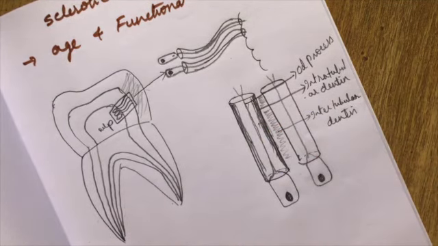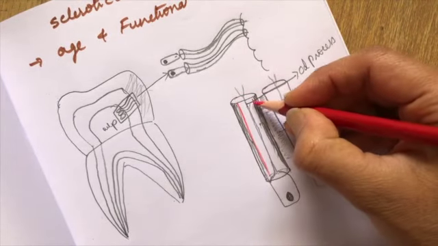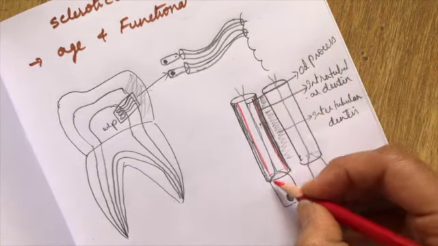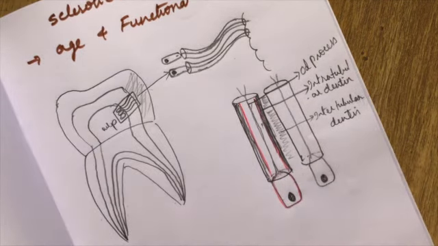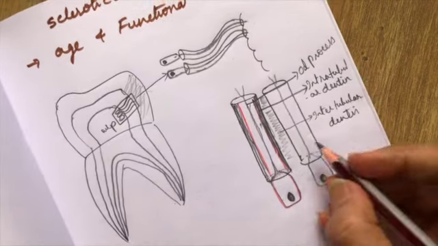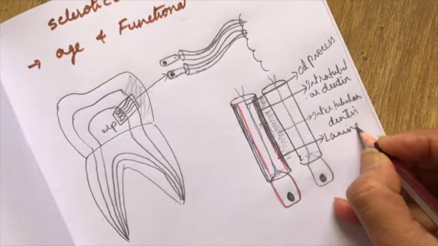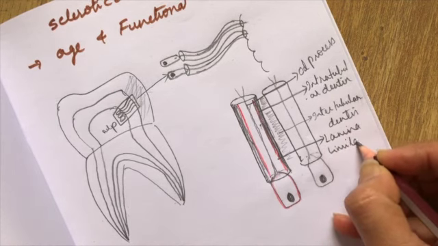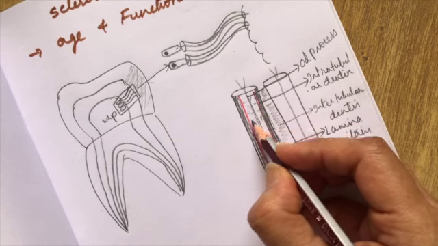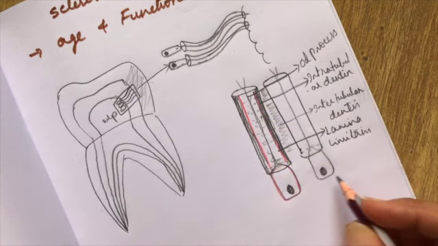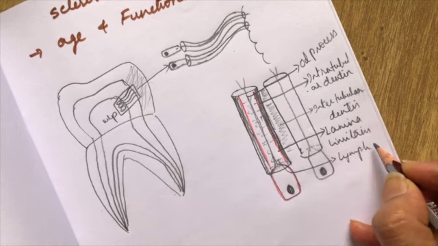A thin organic sheath thought to be left behind by the cytoplasmic membrane of the odontoblast, and that membrane is called lamina limitans. And then we have a fluid inside the dentinal tubule called dentinal fluid or dentinal lymph.